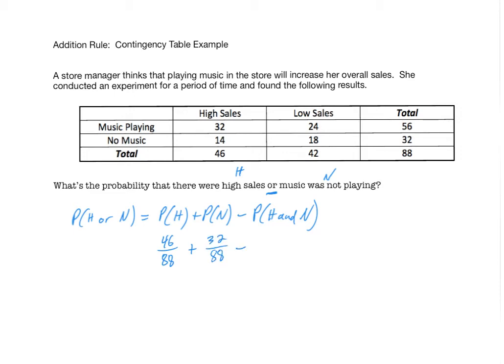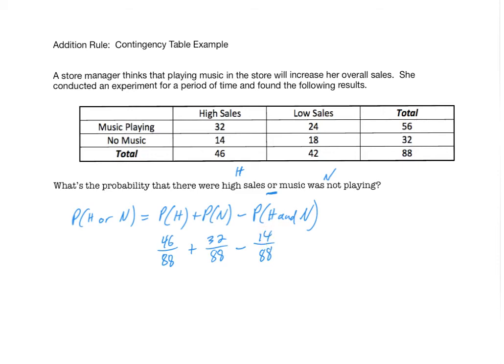And then minus, what's the probability that they simultaneously had high sales and music was not playing? Well, high sales and music was not playing is right here. 14 hours there were high sales with no music playing. So this is just 14 out of the total of 88. That is the overlap part that we had to subtract out.